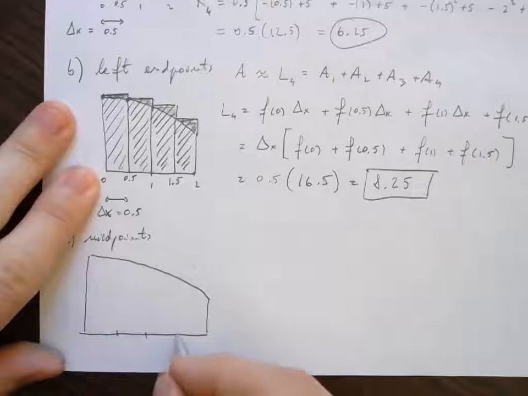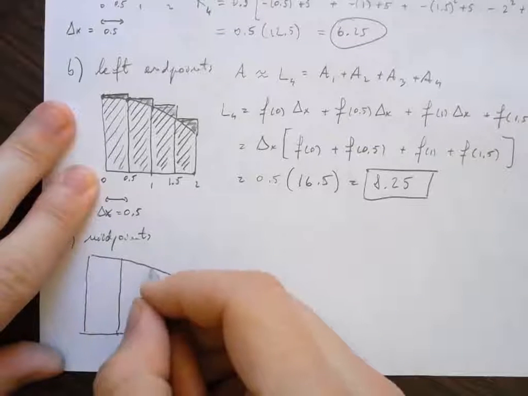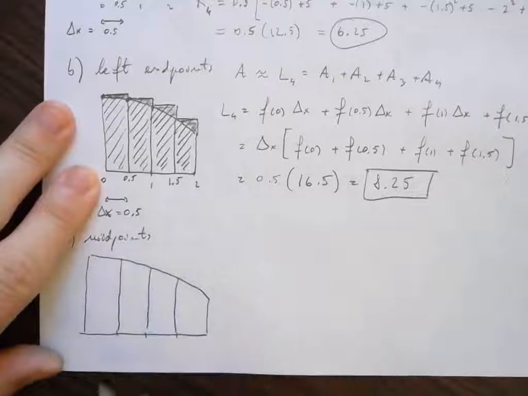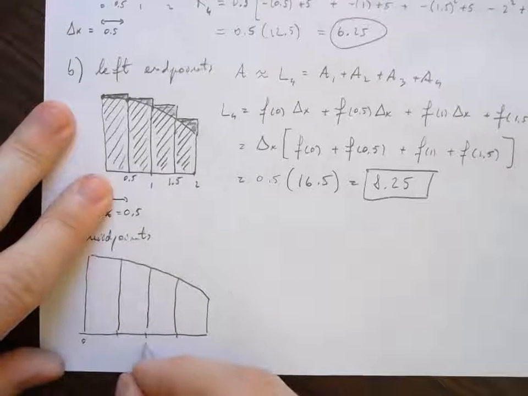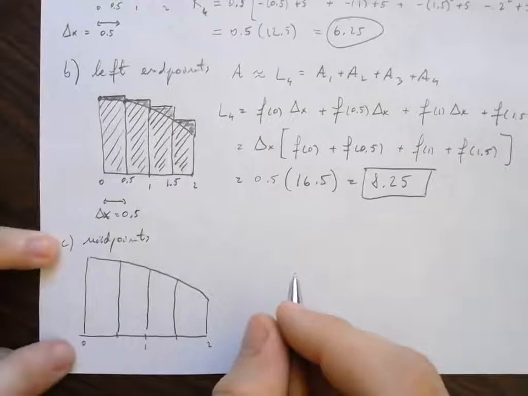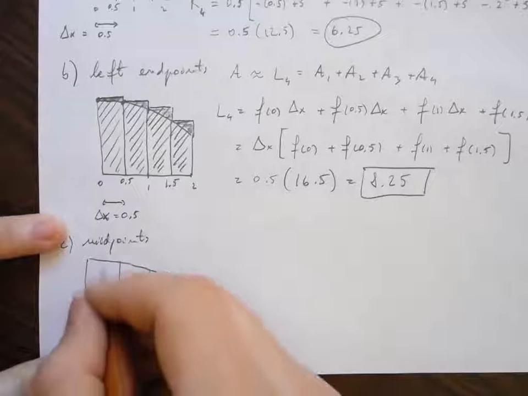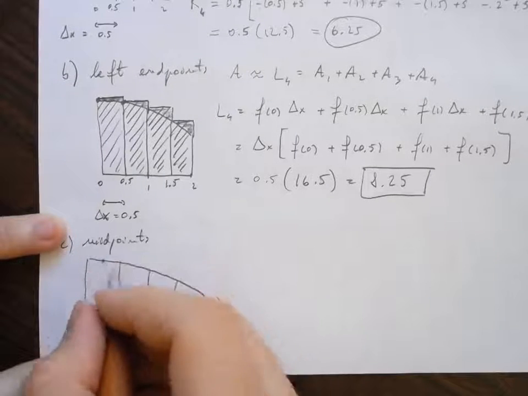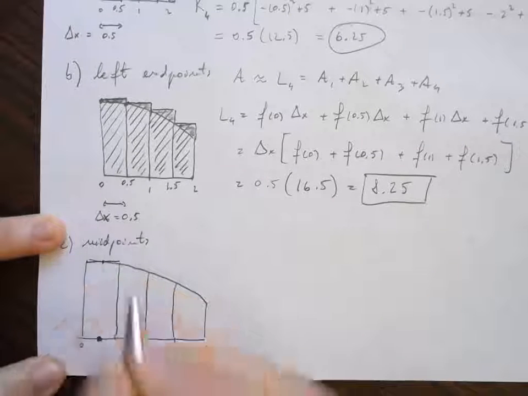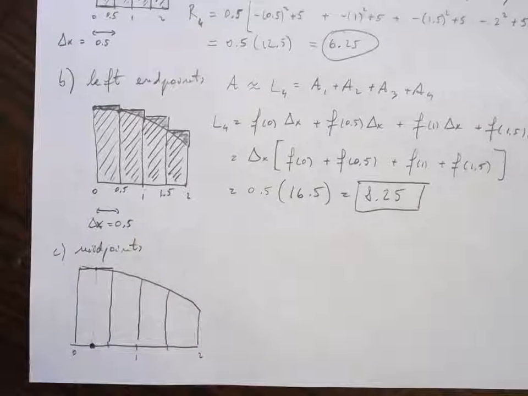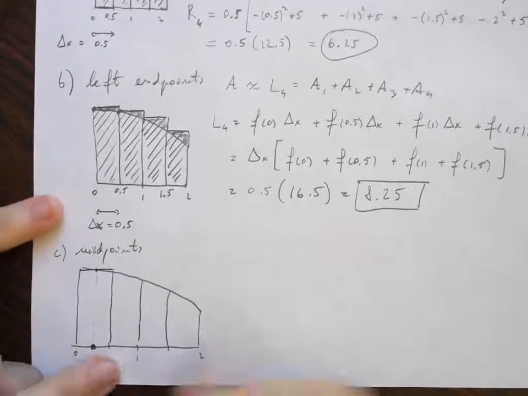I do my 4 subintervals and 0, 1, this is 2. For each of these, instead of choosing the left or the right endpoint, I'm going to choose the midpoint. I go up to the function that's going to determine the height. So it's a little bit hard to see, but I'll show you in the other rectangles what happens.